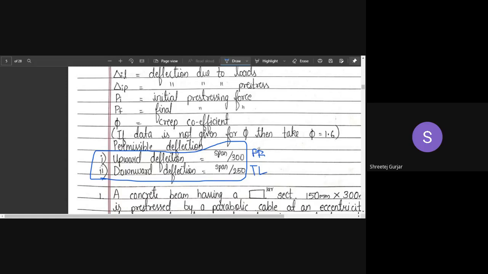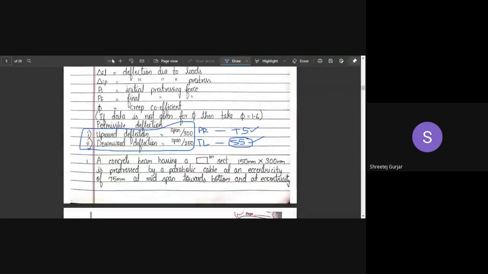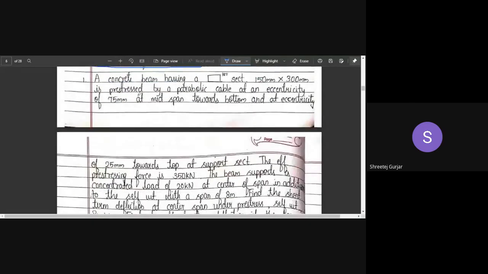The upward deflection caused by pre-stressing force, at transfer stage, should be less than span by 300, and at service stage, when all the loads are active, it should be less than span by 250. Moving on to your numerical.